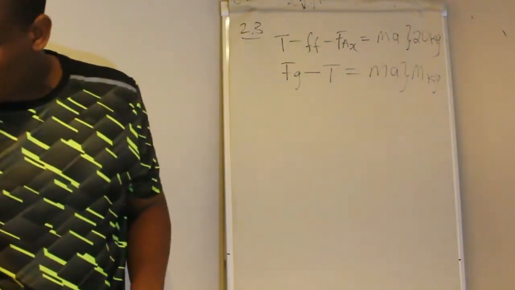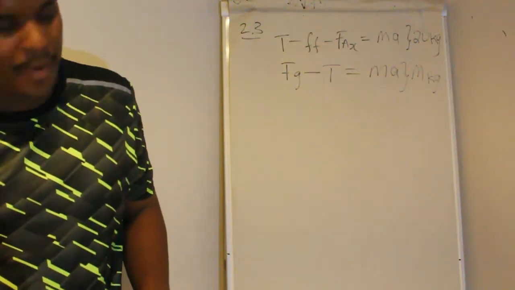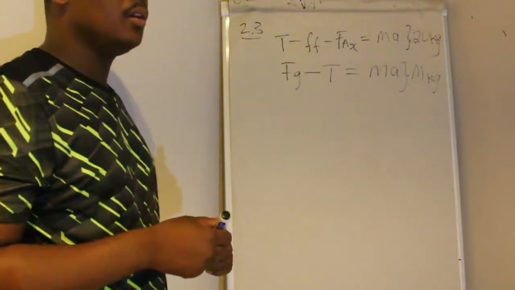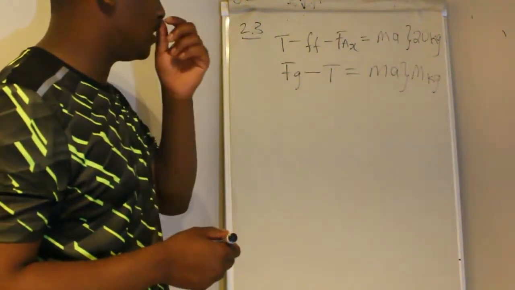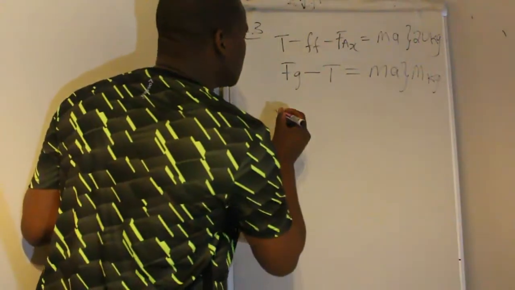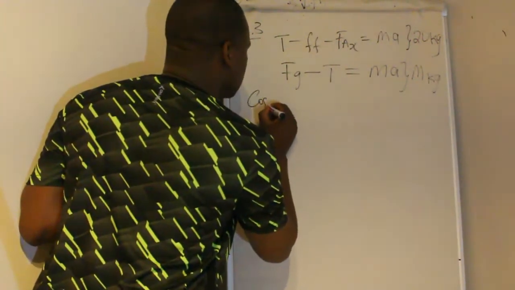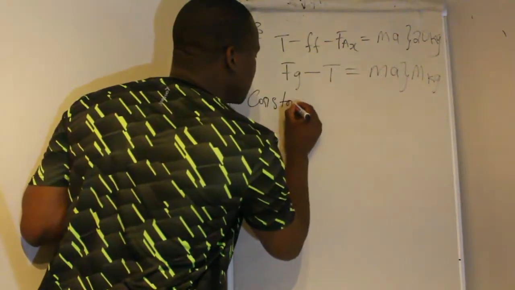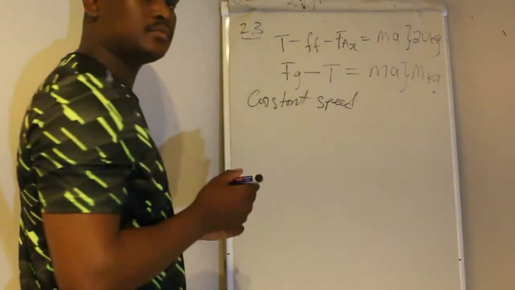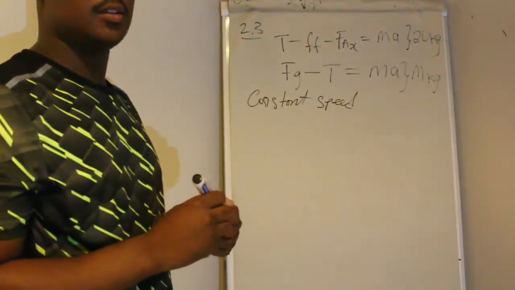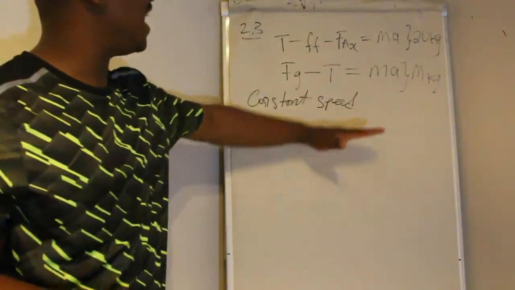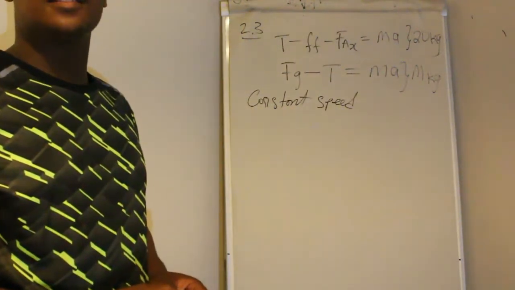What I would like you to keep in mind here is that you were told in the question that the system is moving at a constant speed. If you notice there, that constant speed is even highlighted in capital letters.